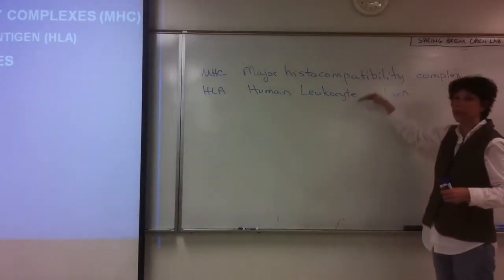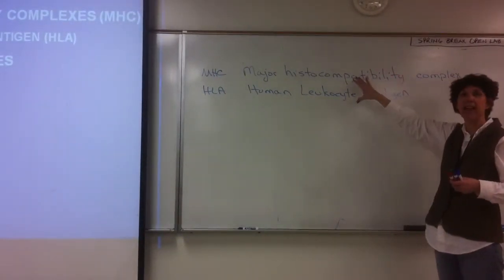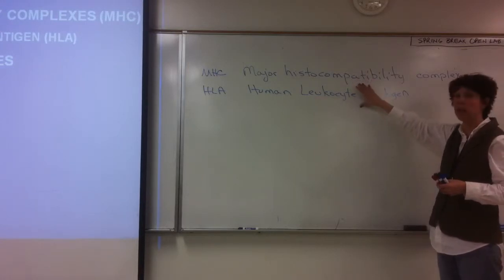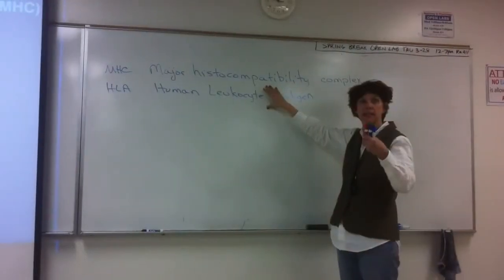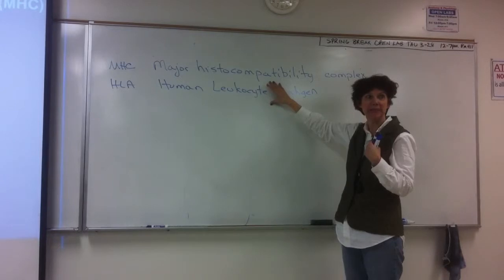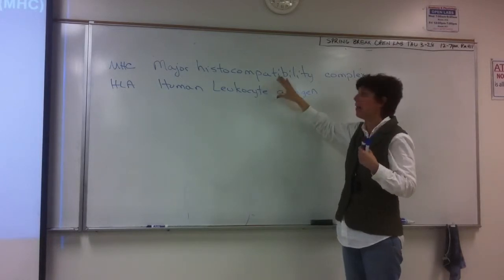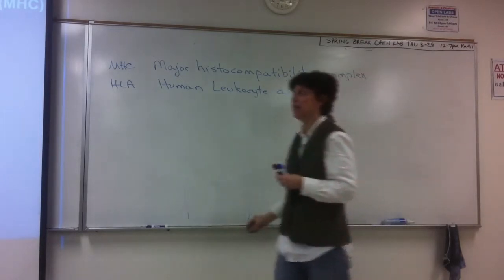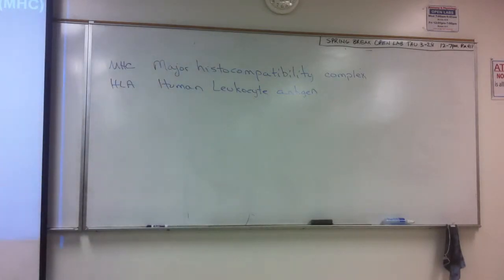Extra credit. So these molecules are the self-marking proteins, okay? And there are two different types that we're going to look at now. I'm laying the groundwork for some terms and fundamental concepts that we need to understand T helper and T killer cell activation.